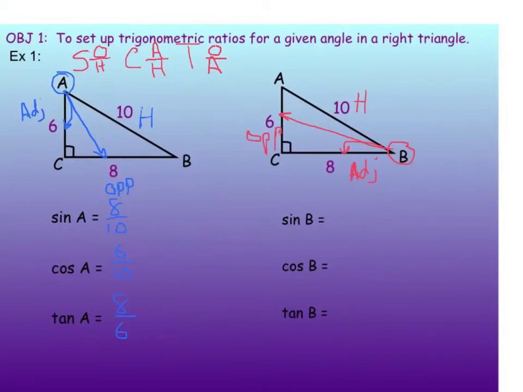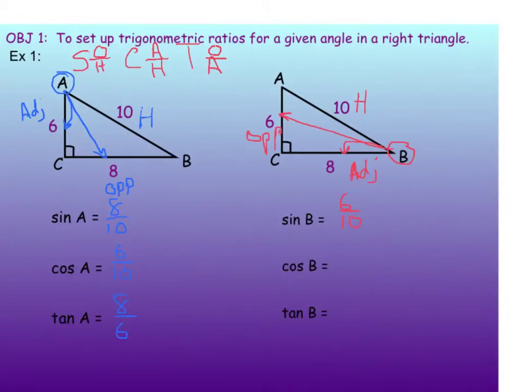Following that same pattern, now we're going to work over here, but we're going to work off of angle B this time. So if we're going to do sine of B, sine, we need O and H again, and this time the O is a 6, and our H is still the 10, right? That's always the hypotenuse.